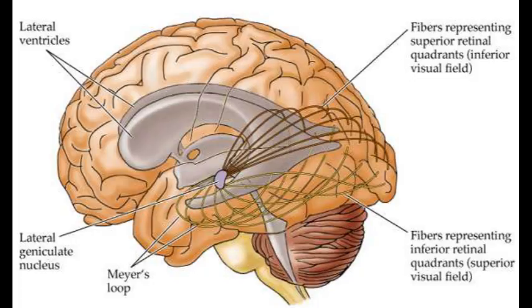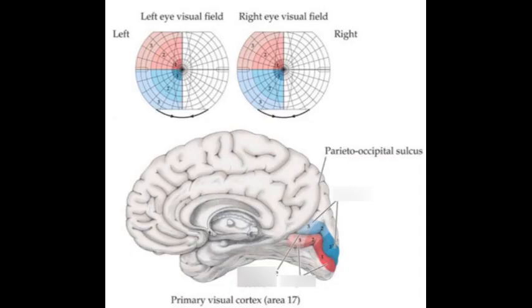Now, when this visual information reaches the visual cortex, it gets into the calcarine cortex, which has an upper bank and a lower bank. The upper bank carries information from the inferior visual field, whereas the lower bank carries information from the superior visual field.